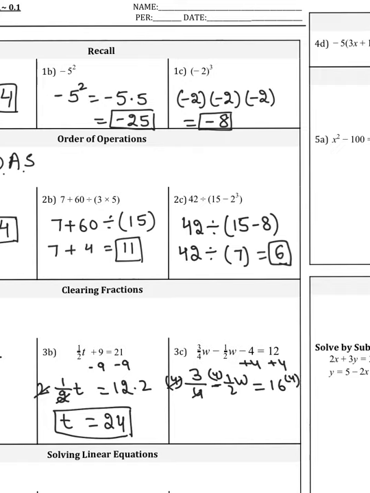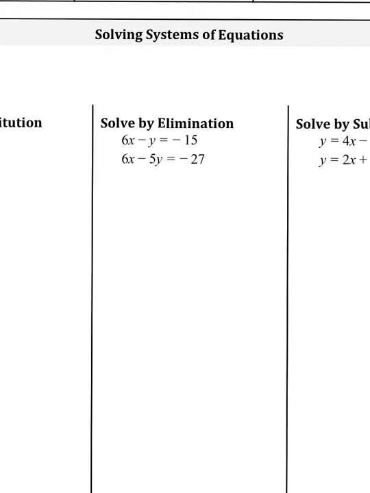You get only 3w. Here the 4 divided by 2 will get you 2 on the top, so 2w. And then 16 times 4 would be 64. So 3w minus 2w would be w, and it's equal to 64, and that would be your answer.